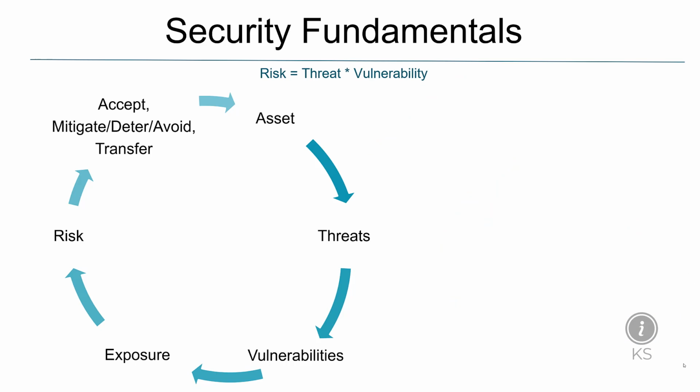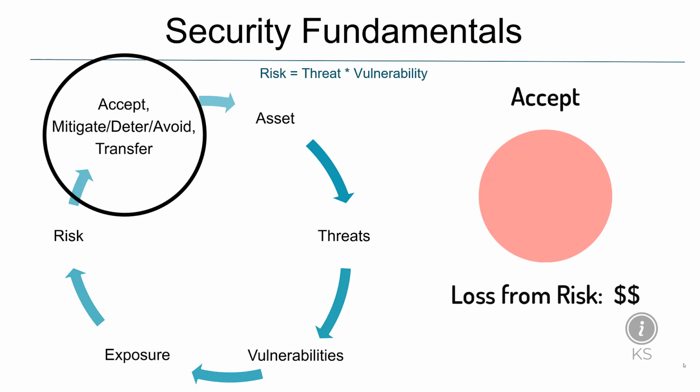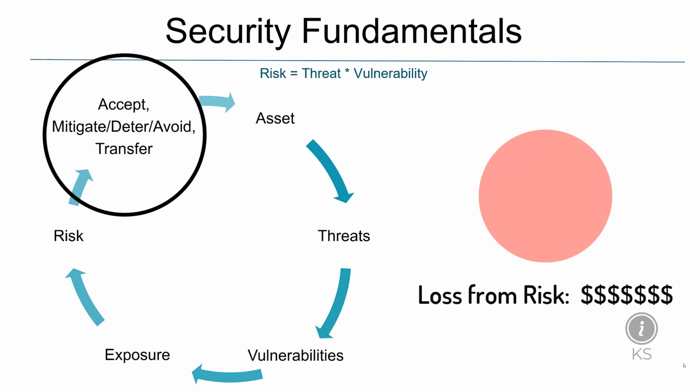Once the exposures and risks are identified, we have choices. We can accept, mitigate, deter, avoid, or transfer the risk. If we accept the risk, it might be that the asset has low value or there's low cost associated with the loss or compromise of the asset, and it's not worth the expense of implementing safeguards to mitigate the risk. In other situations, the asset or cost of compromise may be higher, making it advisable to determine the most appropriate way to mitigate the vulnerability or threat.